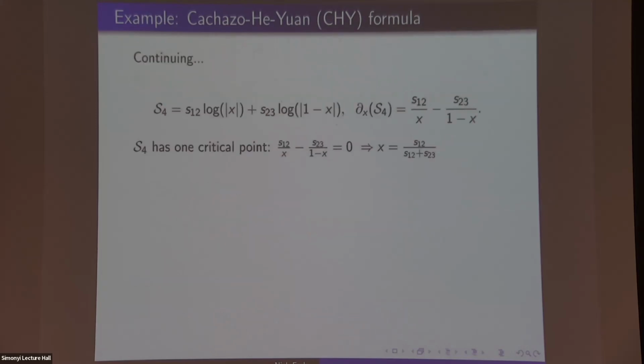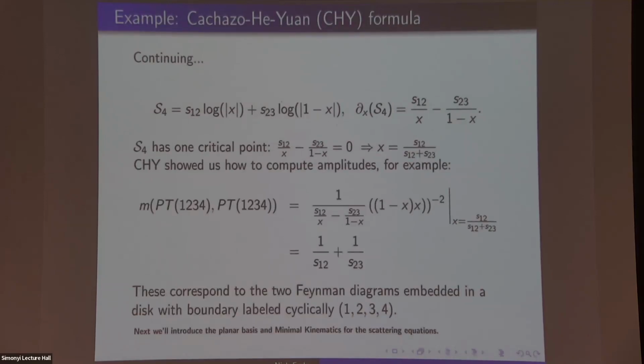So the ML degree is 1, and the one critical point is given by S12 divided by S12 plus S23. Having done that calculation, the summation from the previous slide is very nice. It has 4 minus 1 factorial critical points. If you plug these numbers in, I invite you to do that for yourself, you get the numbers from the expression from the first couple slides.